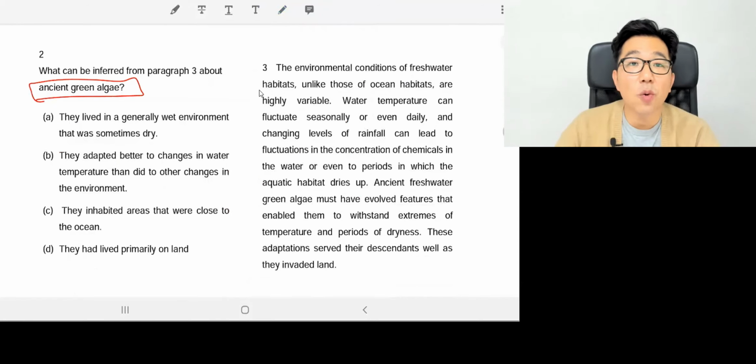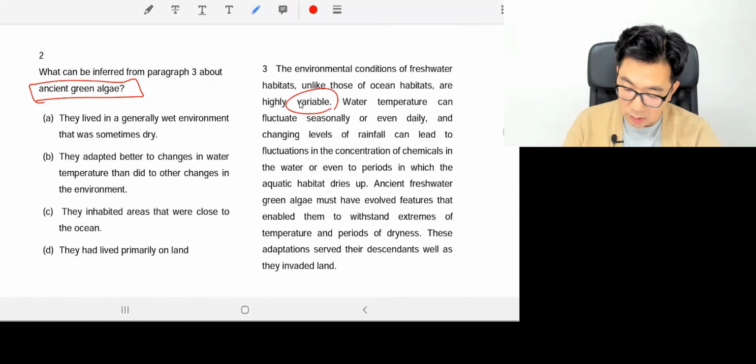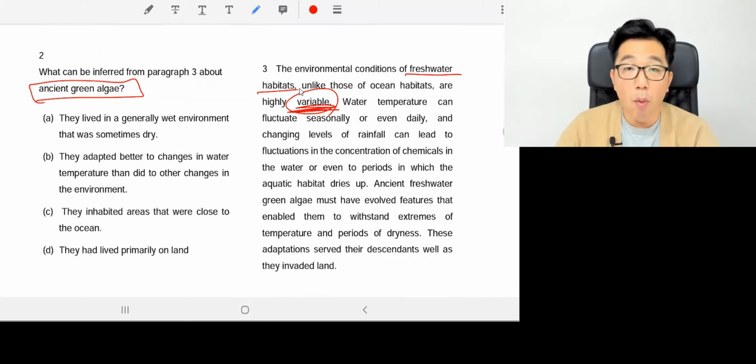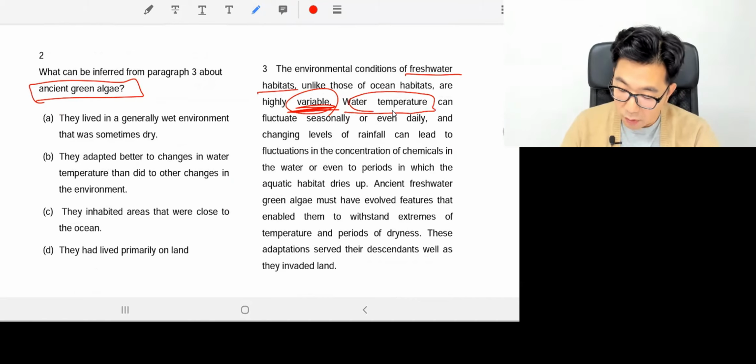Environmental conditions of freshwater habitats, unlike those of the ocean, are highly variable. Okay, so I didn't know this. Freshwater habitats vary more than ocean habitats. So what varies? Water temperature fluctuates seasonally or even daily.